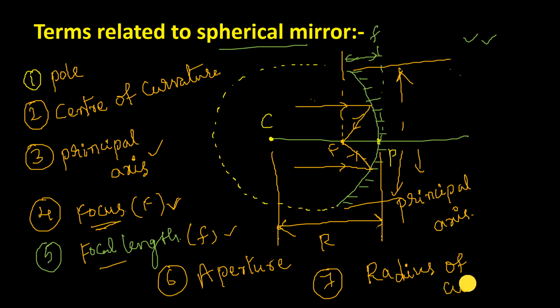The distance between center of curvature and pole of the mirror is known as radius of curvature. These are the seven terms related to spherical mirror. These terms are also known as the nomenclature of spherical mirror.